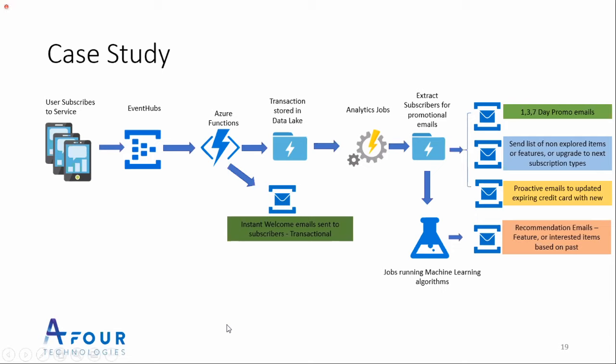So this is not about real application development, but these are the use cases or case studies post your application is running in production, right? These are the pipelines you build in order to take it to the next level.